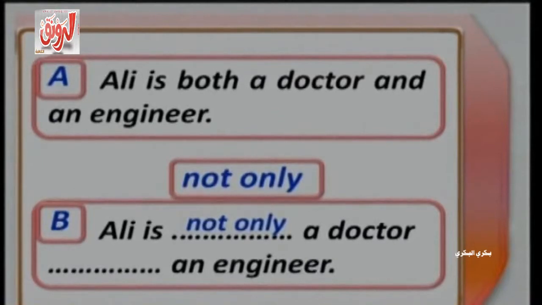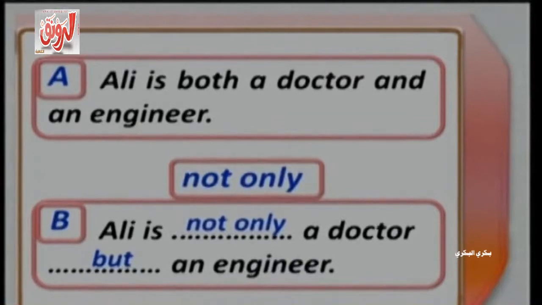Ali is not only a doctor, but an engineer. There is another possibility of using as well as. How to do that? To say, for example, Ali is a doctor as well as an engineer.